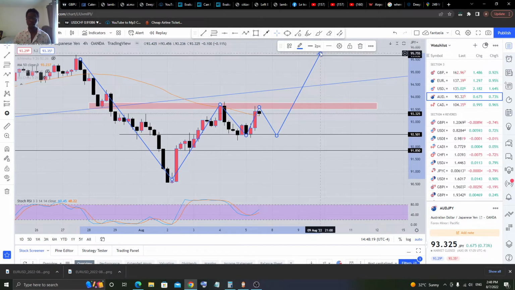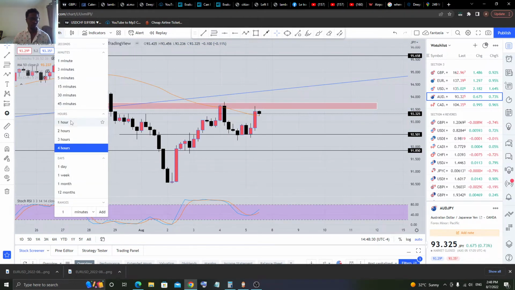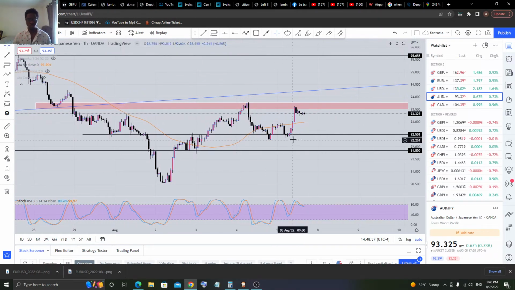But how am I gonna know if price is gonna do this instead of selling, or if price is gonna sell to come back down? It's simple. I just need to go into the smaller time frame. If in the small time frame price tries to sell, and then comes back down here and gives me a few candles that show me clearly that price will buy, then I can take the trade.